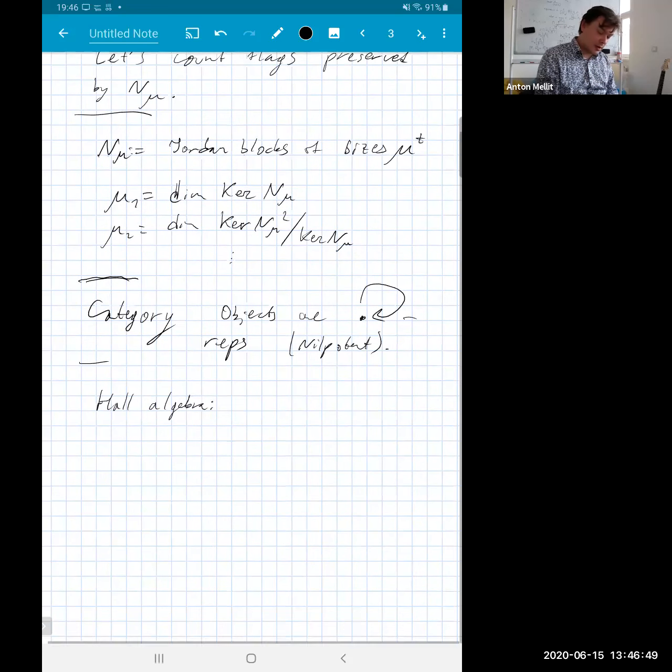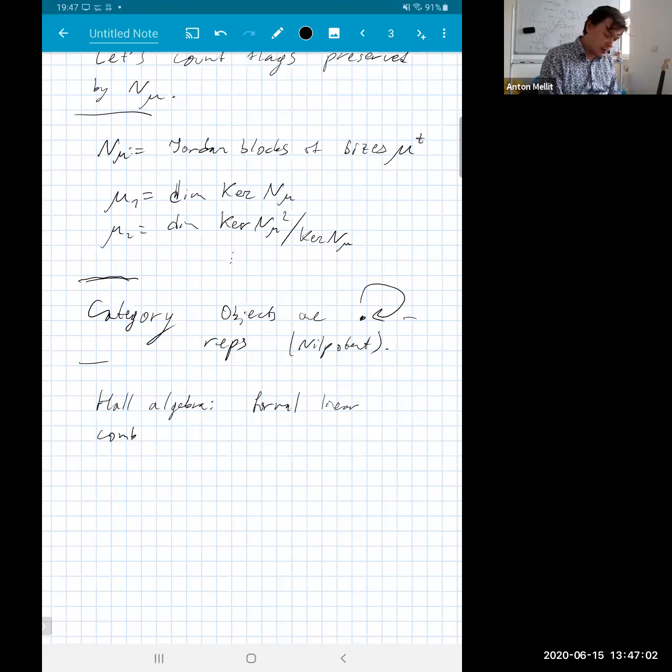And this goes as follows. So the algebra is formal linear combinations of objects up to conjugation. Formal linear combinations, a mu x mu. No, this is a number, and this is an object. Consider it up to equivalence, up to isomorphism.